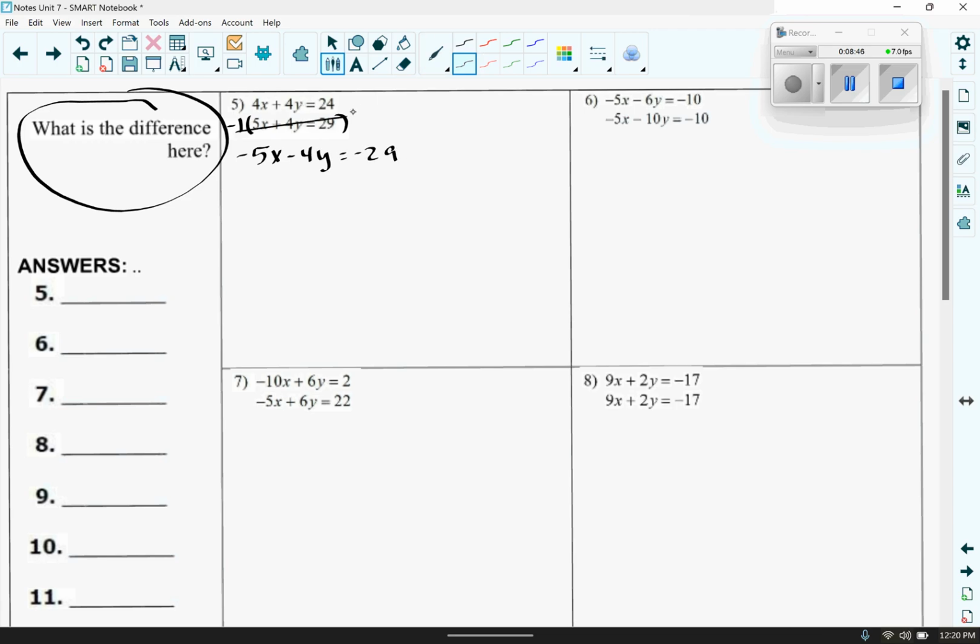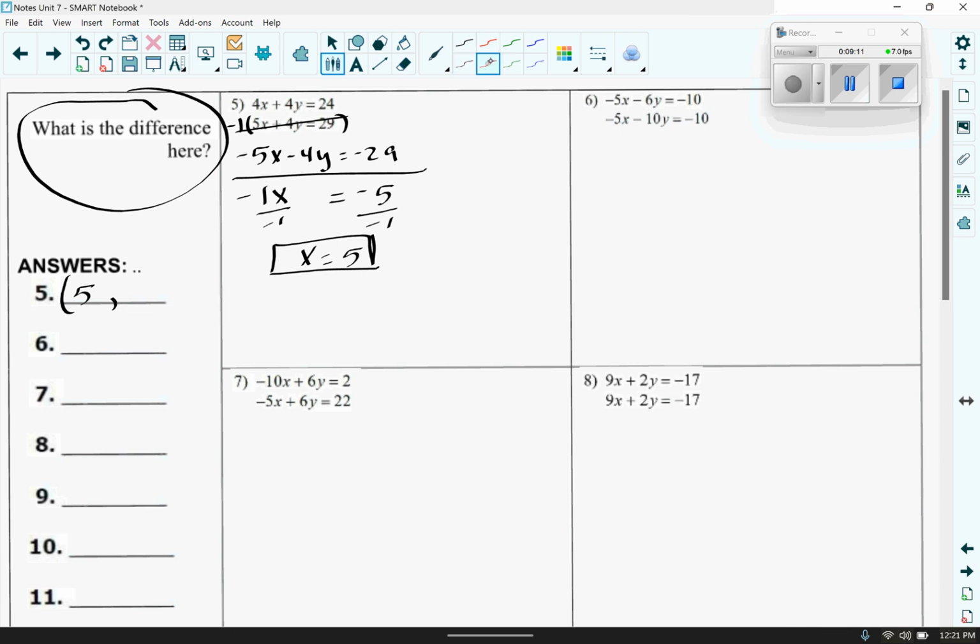And then I'm going to cross that off and use the top one and the bottom one. So now I get negative 1x, those cancel, equals negative 5. Divide by negative 1, x equals positive 5. And I need to find the y value.